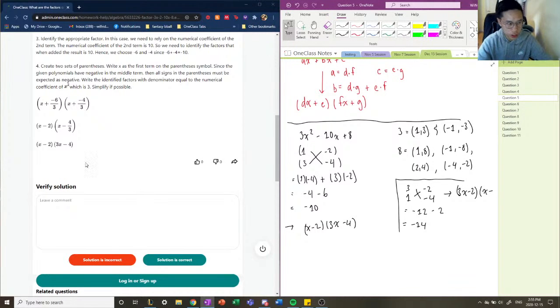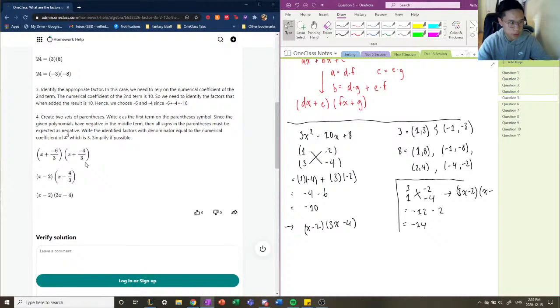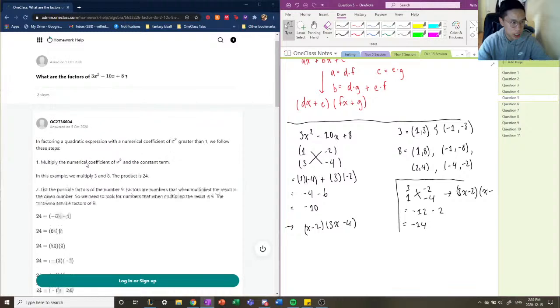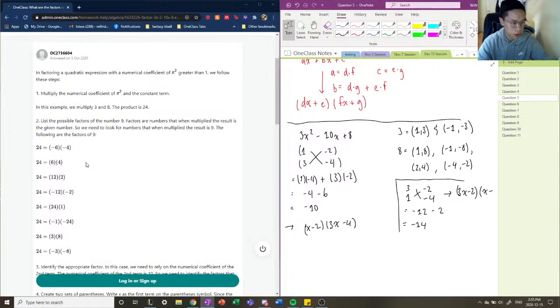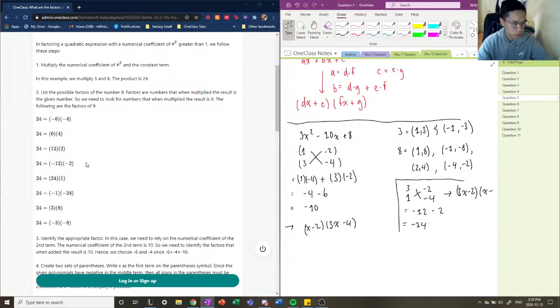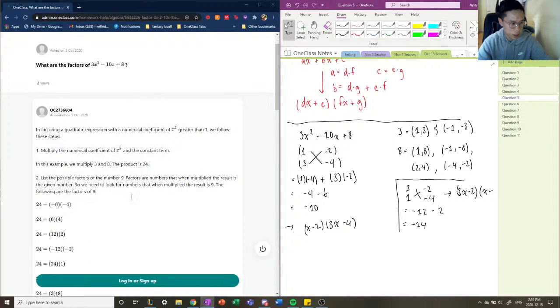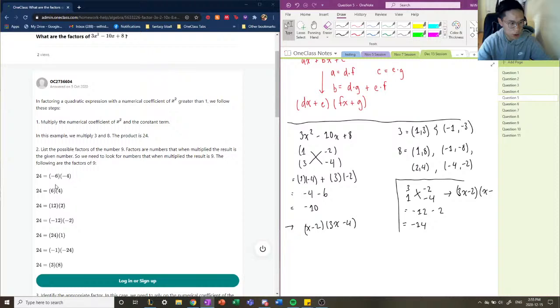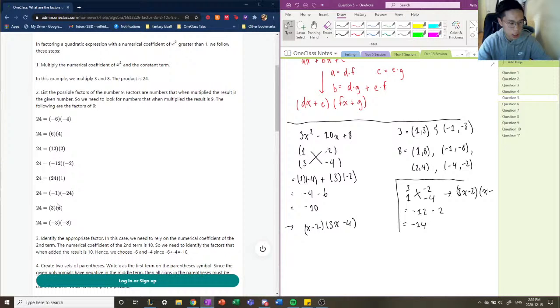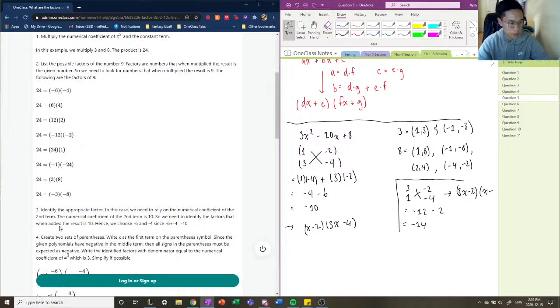Okay, so the junior tutor also got the correct answer. They used a different method. They multiplied the a and c coefficients together to find a product of 24, and they considered all the factors of 24, and then they identified the factors that were correct for them.